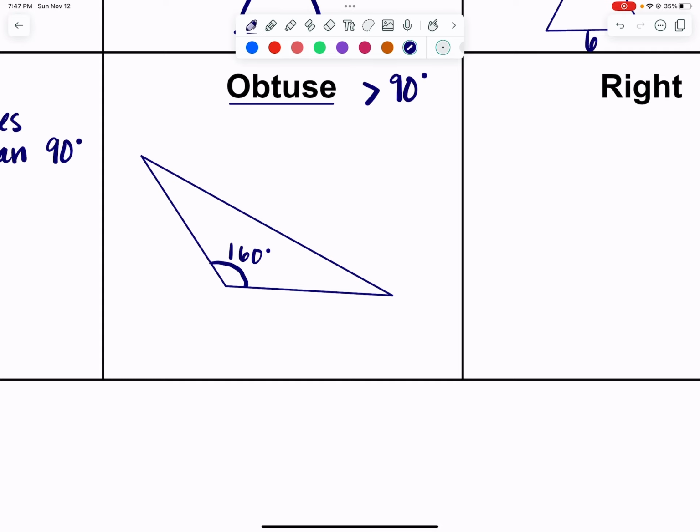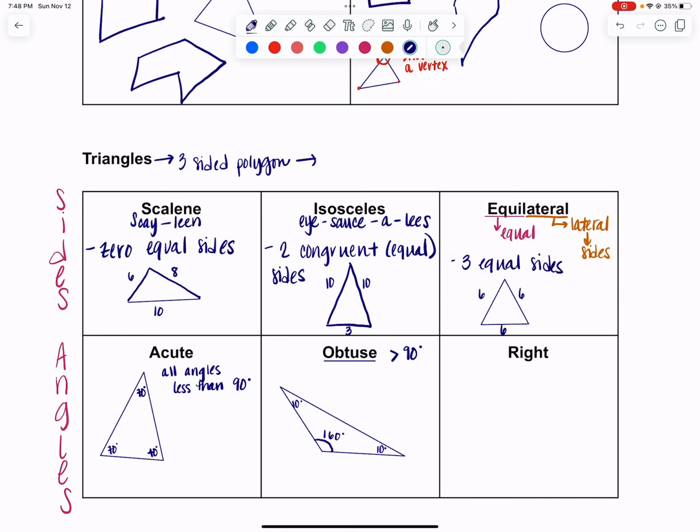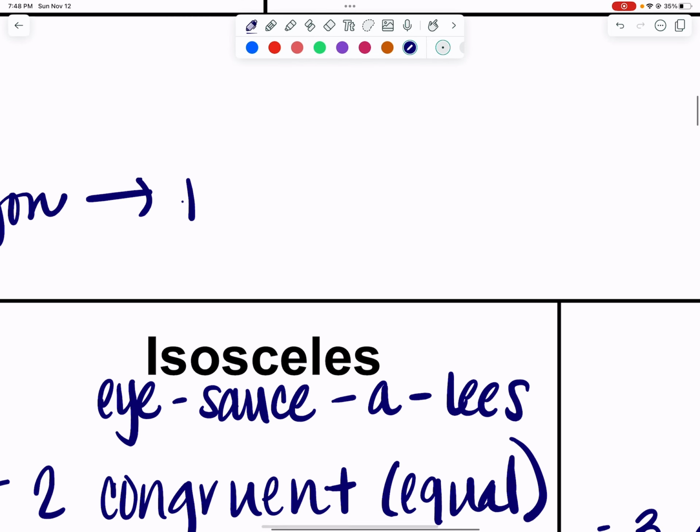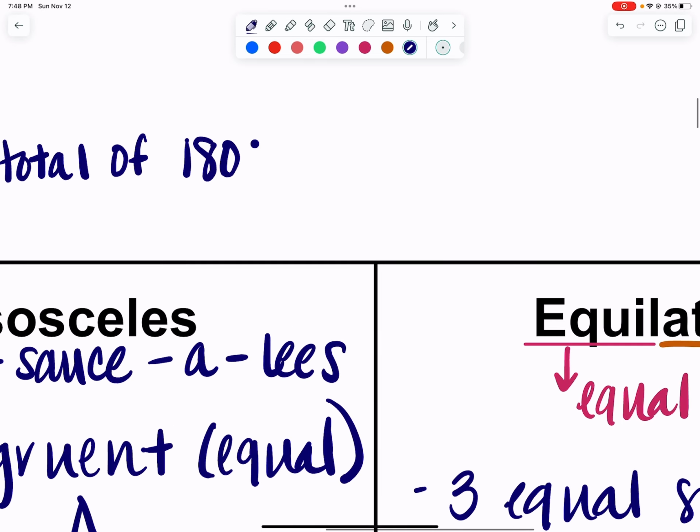That could leave 10 for this guy and 10 for this guy. How do I know? Well, there happens to be a total of 180 degrees inside a triangle. Every single triangle, the total number of degrees on the inside is 180. So I'm not just making these numbers up.